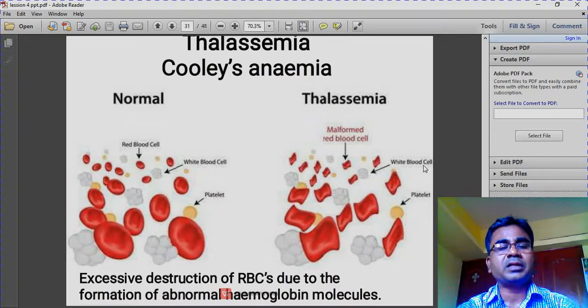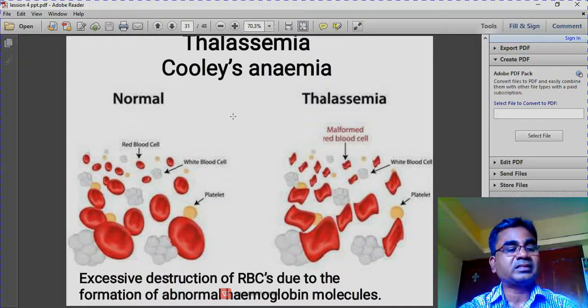So what is normal hemoglobin? Normal hemoglobin is made up of only 4 polypeptides, 2 alpha chains and 2 beta chains. If there is any defect in either the alpha or beta globin, this will result in anemia and the destruction of RBCs.